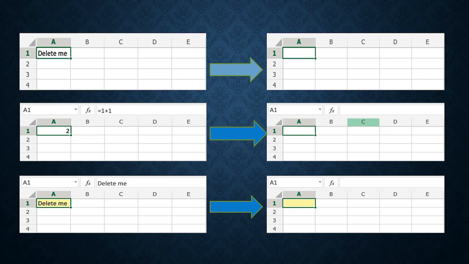If we press the delete button from the keyboard, the data will be deleted. In row 3, first image, "delete me" with a yellow background is there. If we click on the delete button, what happens, the data is deleted but the format is not deleted, meaning the background color is still there. So the format is not going to be deleted if we press the delete button from the keyboard.